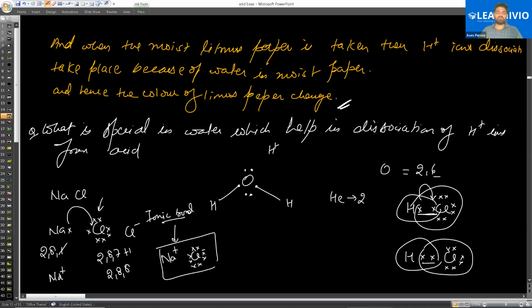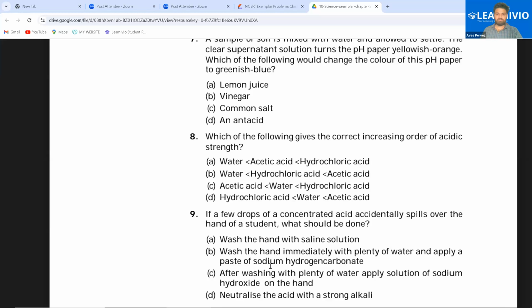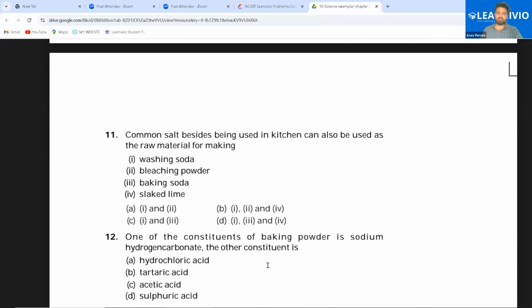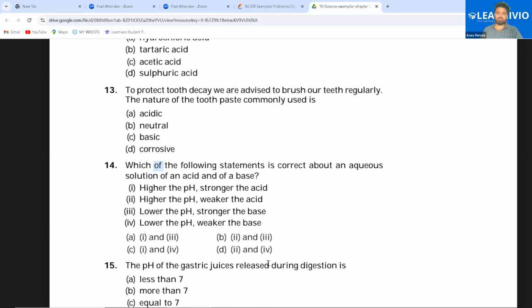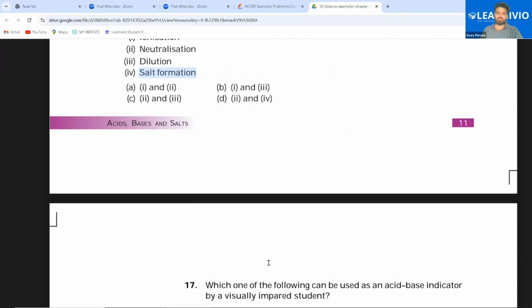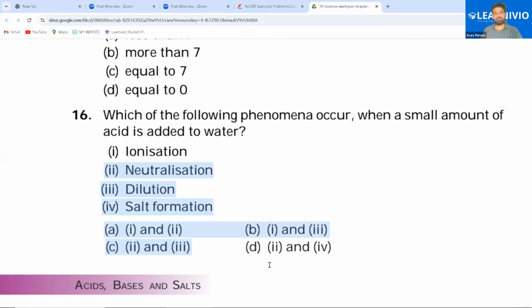Here we have some questions over the topic that we have done. Question number 16. What should be the answer for question number 16?